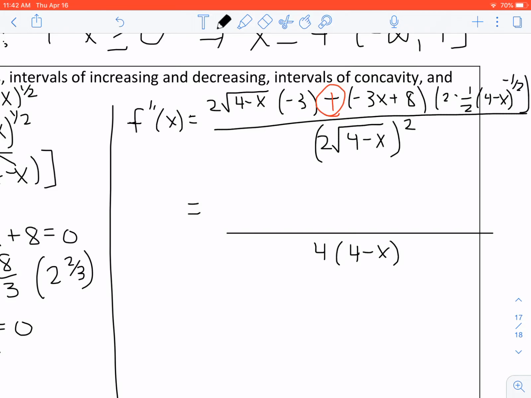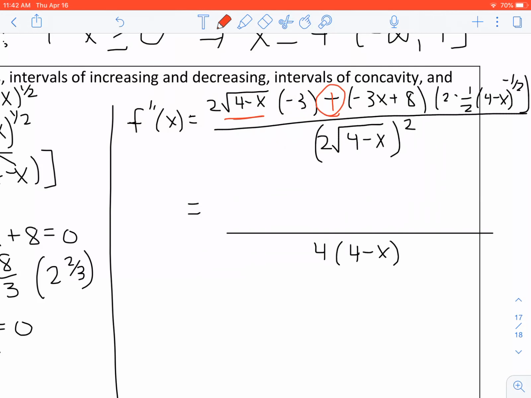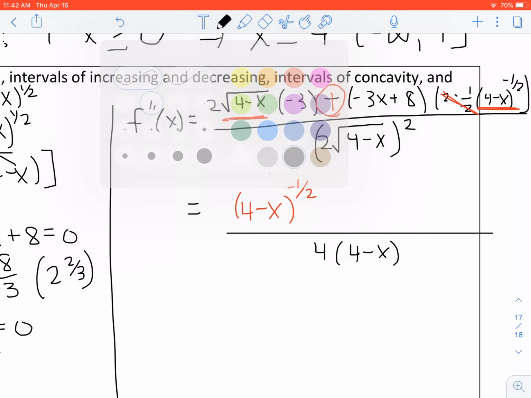Let's look and see, there's both of these in here. The 2 and the 1/2 would also cancel. We have a square root and then also a negative 1/2 instead of a positive 1/2. So we're going to factor out the smaller ones. I'm going to factor out 4 minus x to the negative 1/2 power. And then let's see what we're left over with.